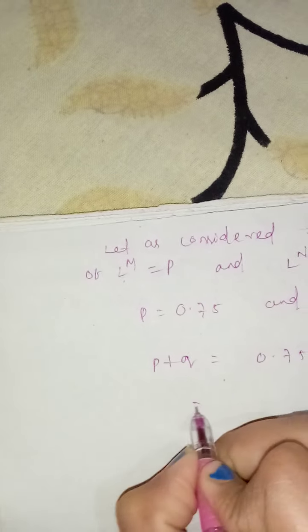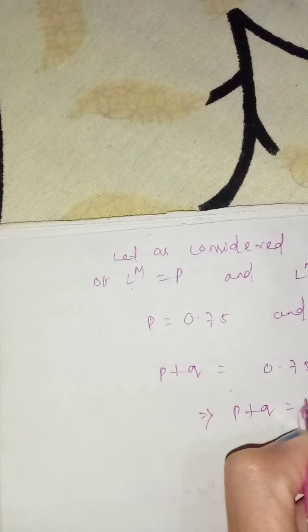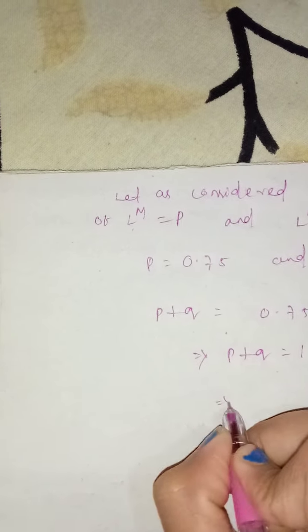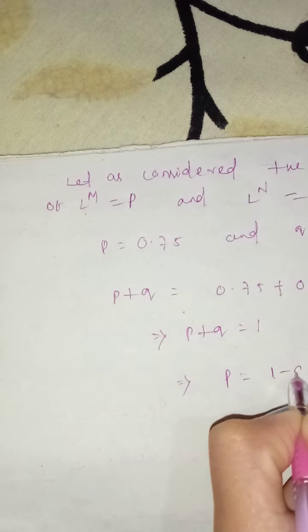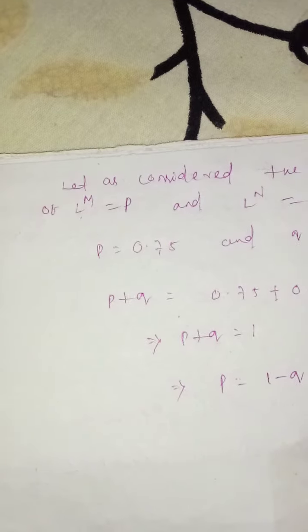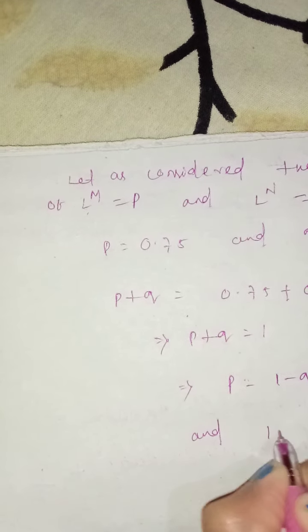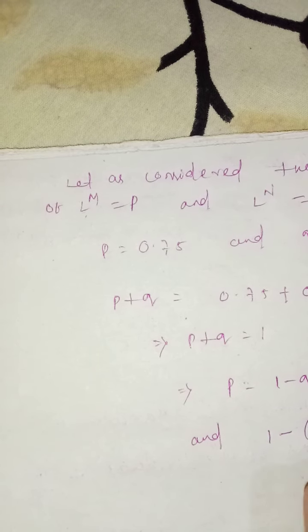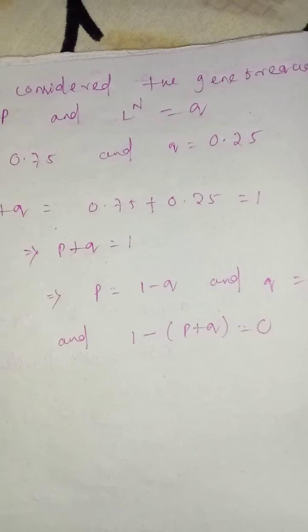Then the sum of two alleles, P plus Q, is equal to 0.75 plus 0.25, is equal to 1, which implies P plus Q is equal to 1. Then P is equal to 1 minus Q and Q is equal to 1 minus P.